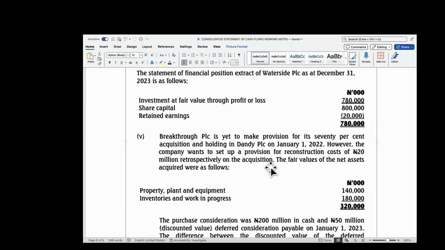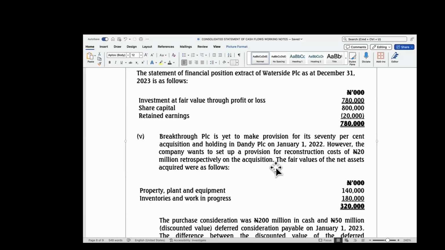Okay, that being said, number 5, they say Breakthrough is yet to make provisions for its 70% acquisition and holding in Dandy on January 1st, 2022. However, the company wants to set up a provision for construction cost of 20 million. The fair values of the net assets acquired were as follows.